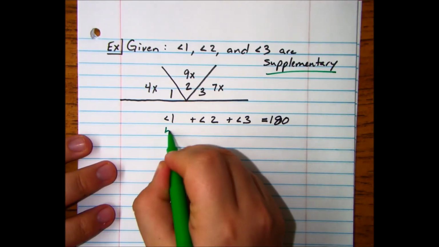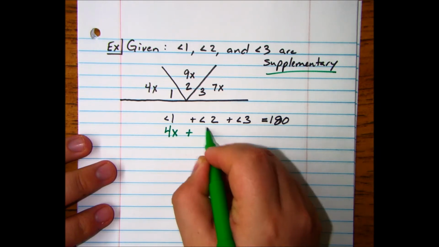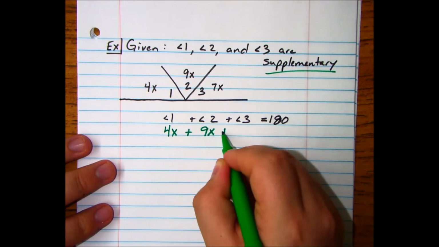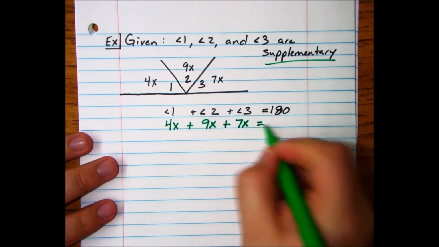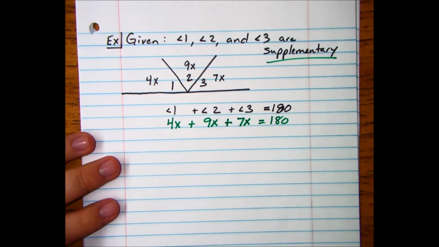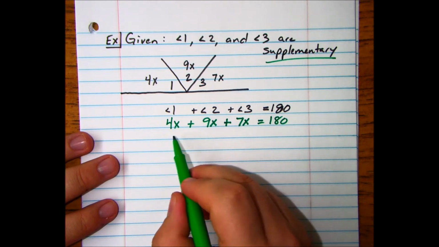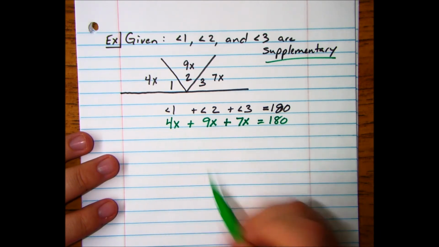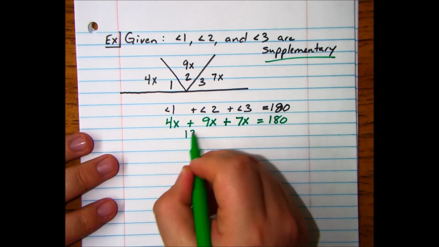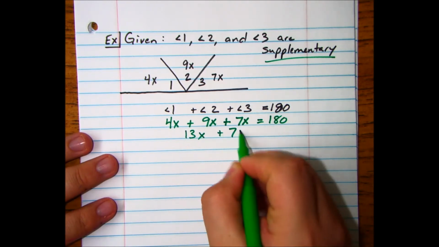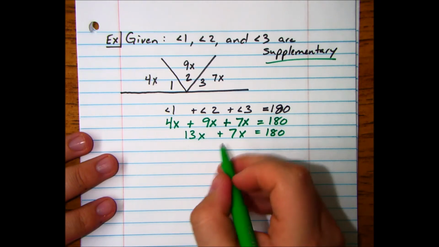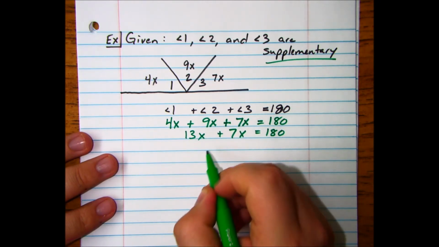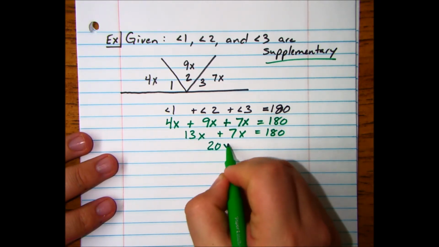We know angle 1 is 4x, angle 2 is 9x, and angle 3 is 7x. Combine our terms. We're going to get 4x plus 9x to be 13x. 13x plus 7x is going to give us a total of 20x.